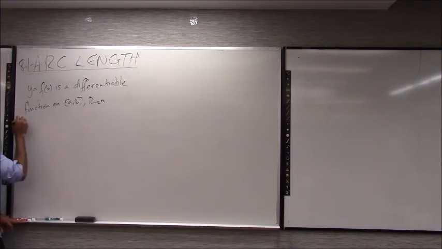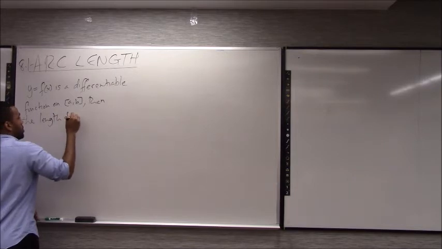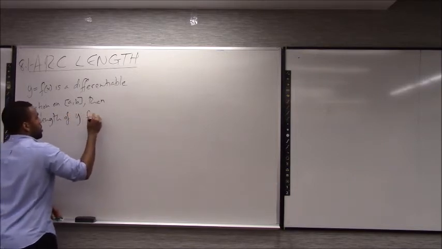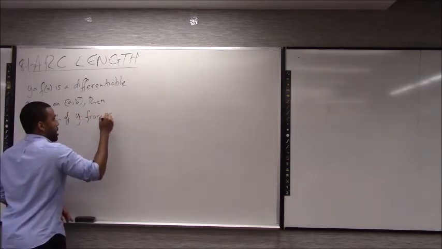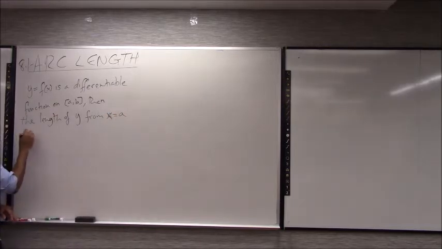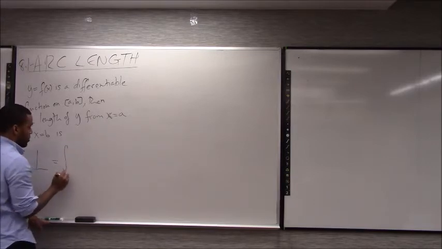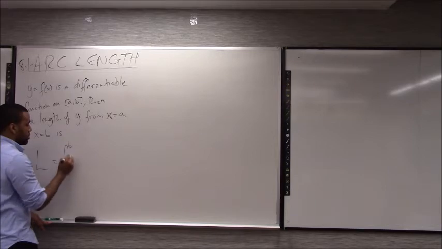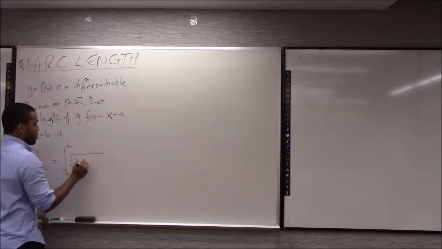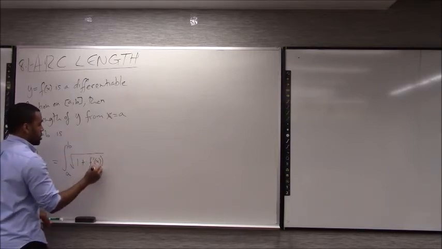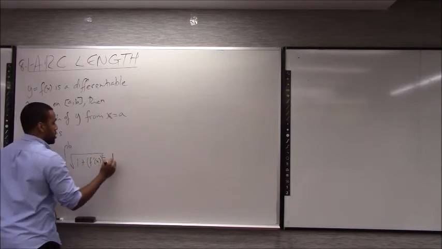And the length of y from x equals a to x equals b is given by, now the typical variable used here is s, but I'm going to use L, the integral from a to b of the square root of 1 plus f prime of x squared dx.